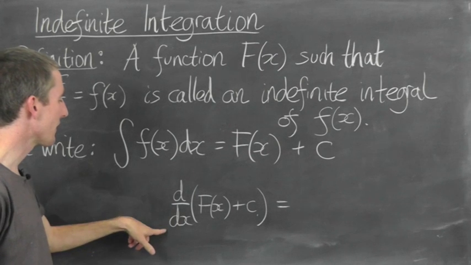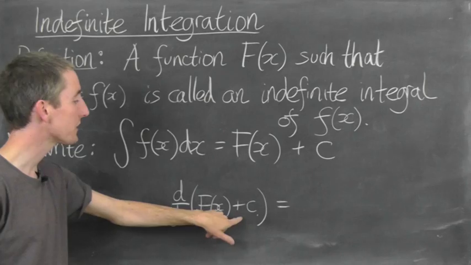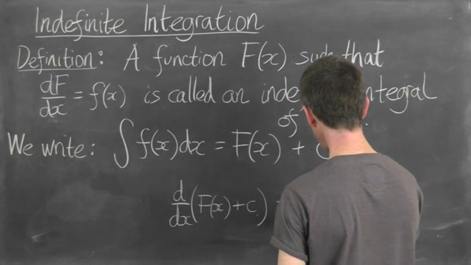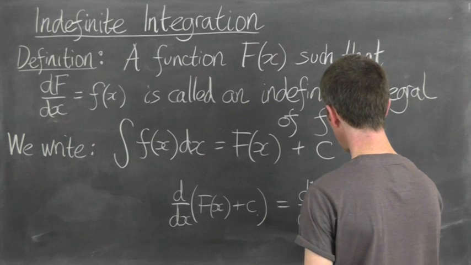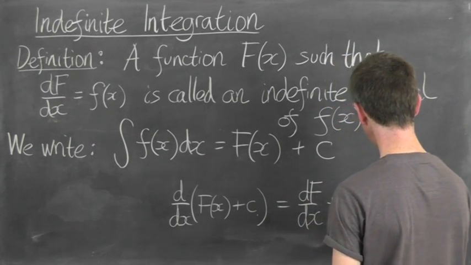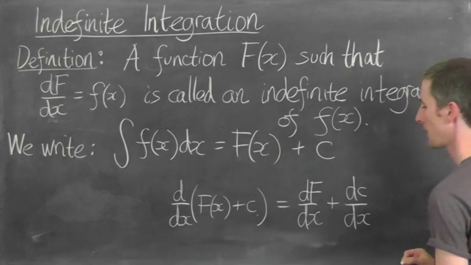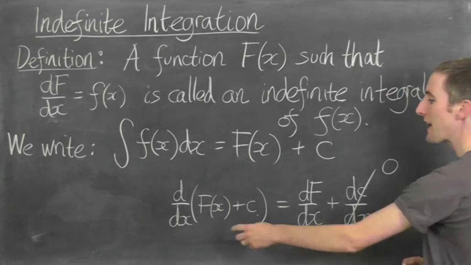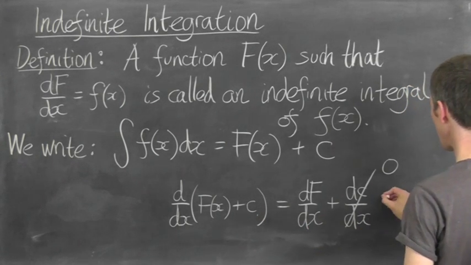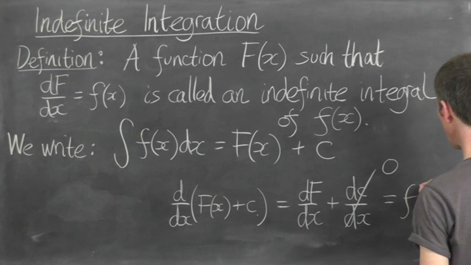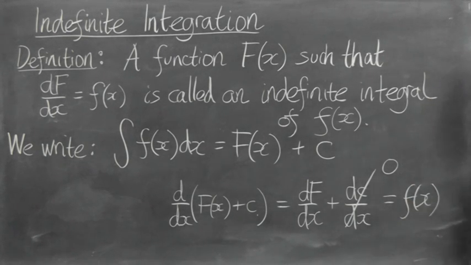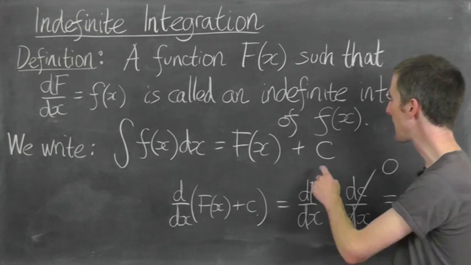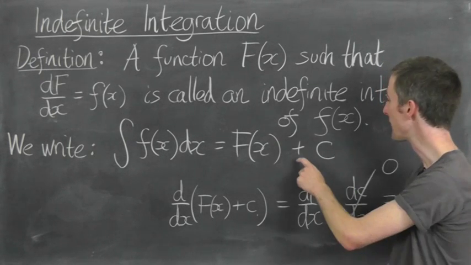So now if I take the derivative of this new function F plus c, and using the fact that I can differentiate separately, I can write that like so. dF by dx plus dc by dx, and we know that this is 0. So in fact this function also satisfies our definition because this is just little f. So in other words, the indefinite integral is not uniquely defined, it's defined only up to a constant of integration. So don't forget to include this.